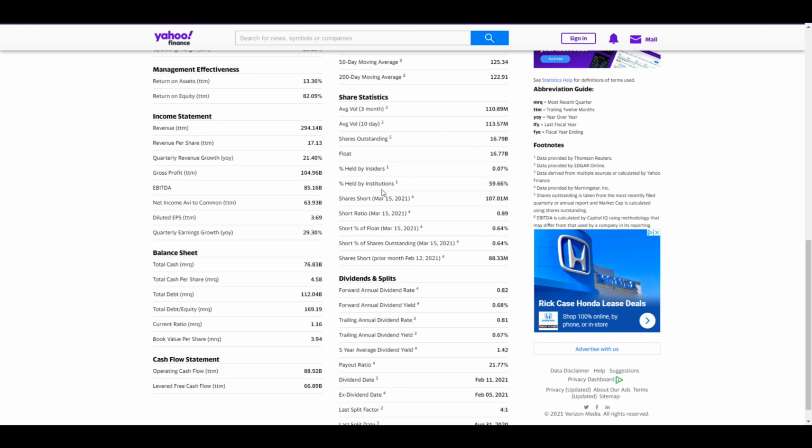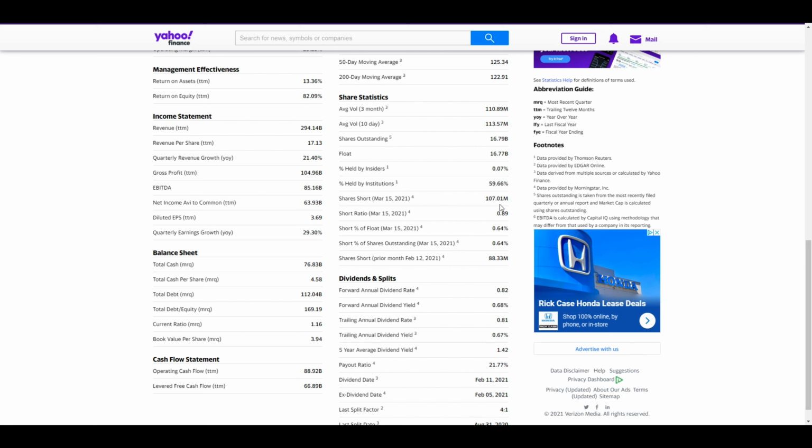You can see that by institutions. Institutions hold about 60% of the stock. You'll see this with large caps, etc. So institutions, we're talking about Fidelity, Vanguard, we're talking about mutual funds. So these are funds that are investing the money for pensions, for retirement accounts, etc.